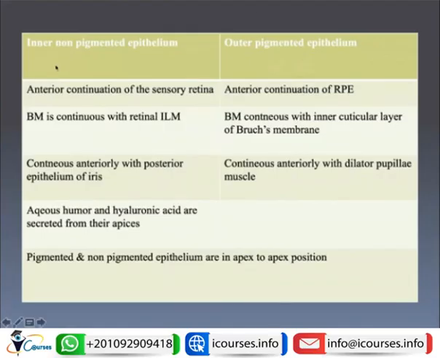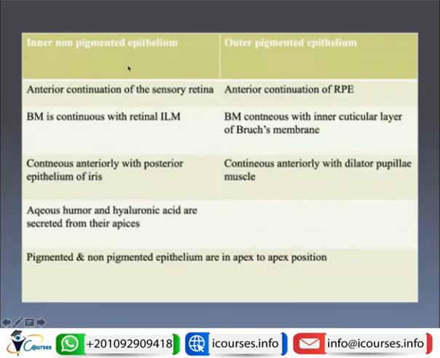The basement membrane of the inner non-pigmented will be continuous with the internal limiting membrane, while the outer pigment epithelium basement membrane will be continuous with the inner cuticular layer of Bruch's membrane. The inner non-pigmented epithelium will be continuous anteriorly with the posterior epithelium of the iris, while the outer pigment epithelium will be continuous anteriorly with the dilator pupillae muscle.